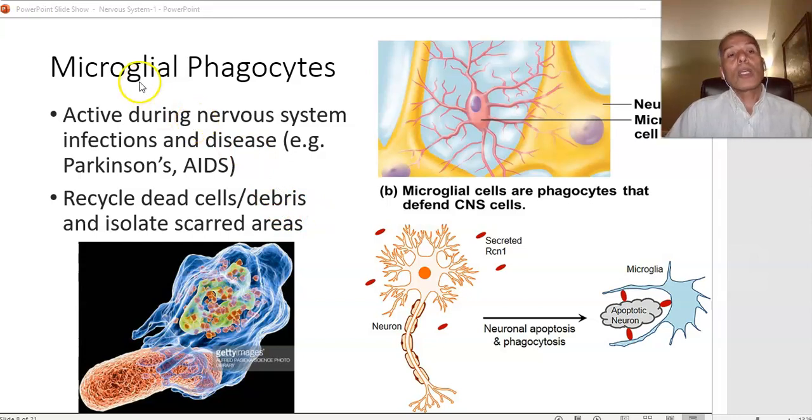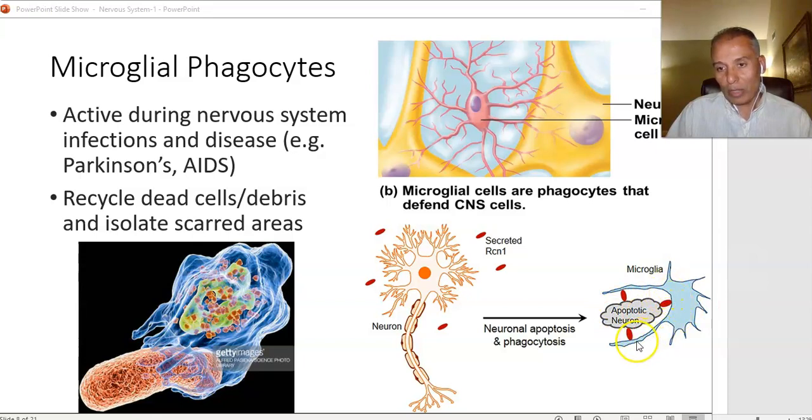Another kind of cell is called the microglial phagocyte. Phagen is the Latin verb meaning to eat. Cyte is a cell. A phagocyte is a cell that engulfs or eats other cells, which is basically a white blood cell. Say there's a bacteria here.